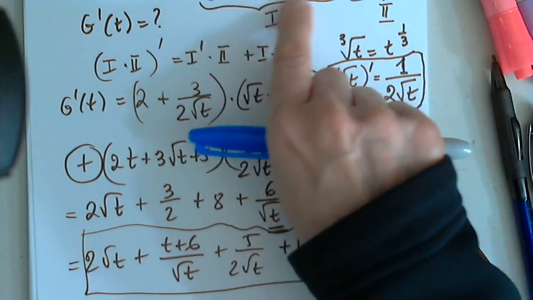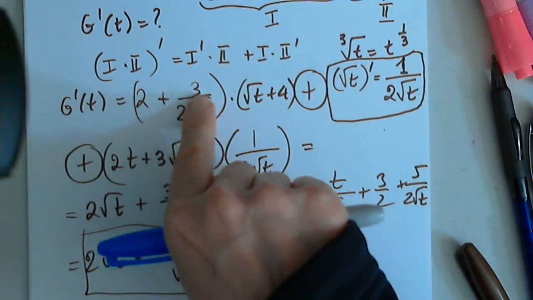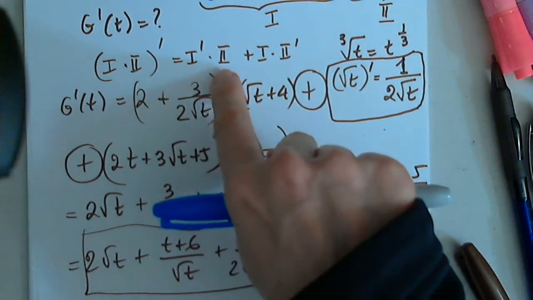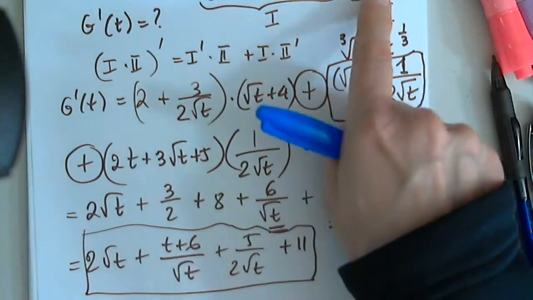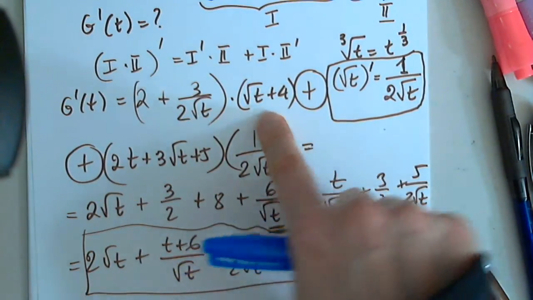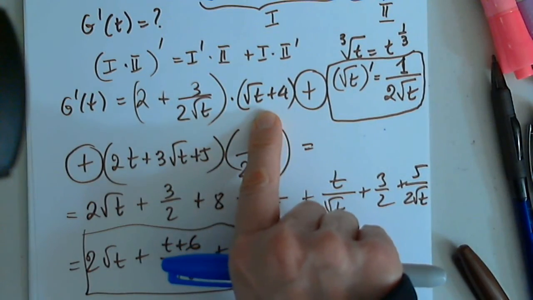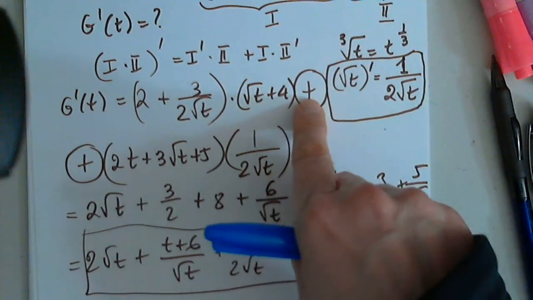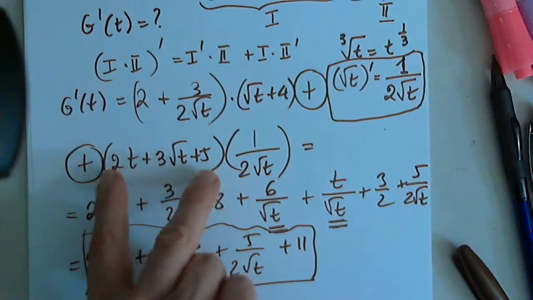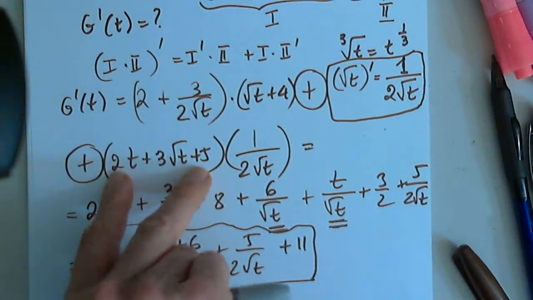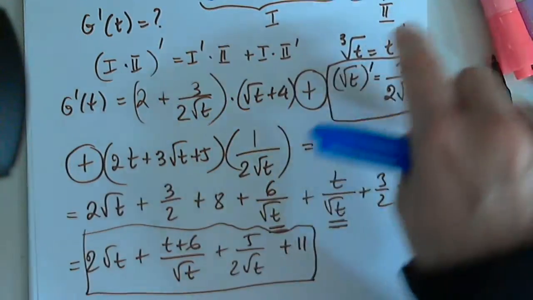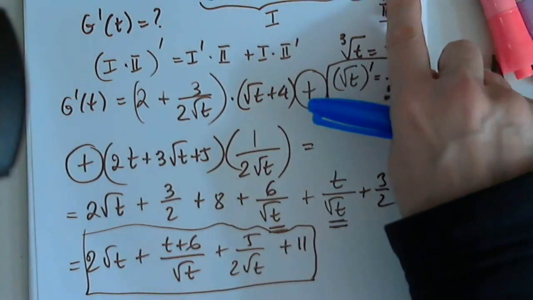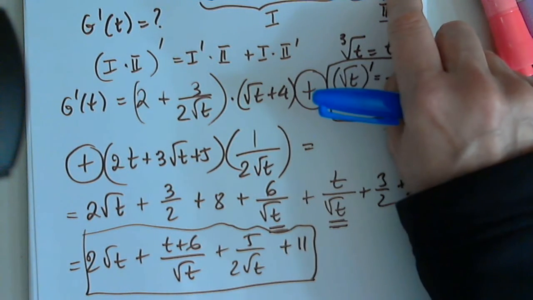I differentiated the first function and I got this. Then I have to multiply by the second function, so I multiplied by the second function. Then plus, I copied the first function, and then I multiplied by the second function. Oh! Yeah, that one.